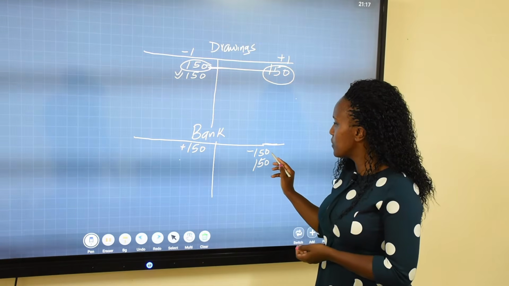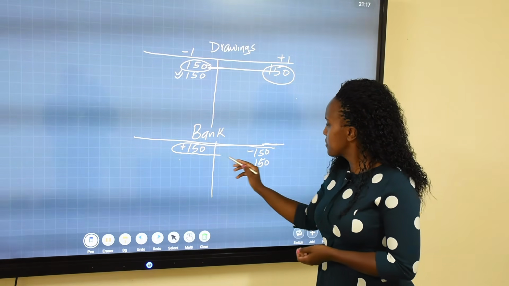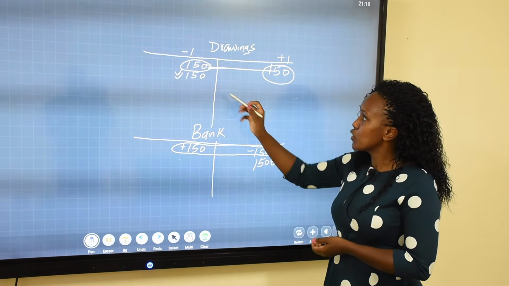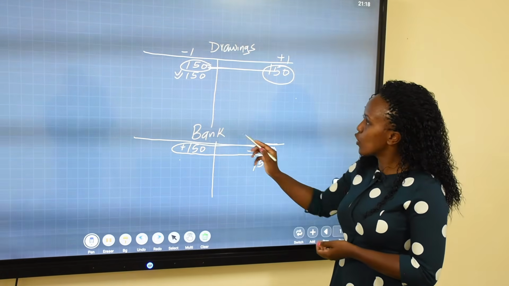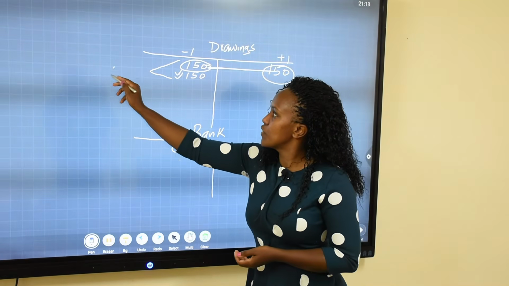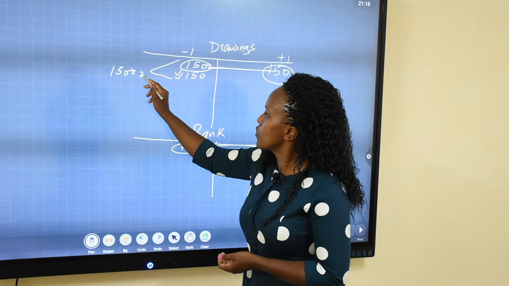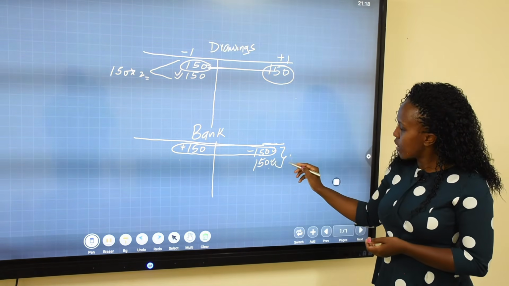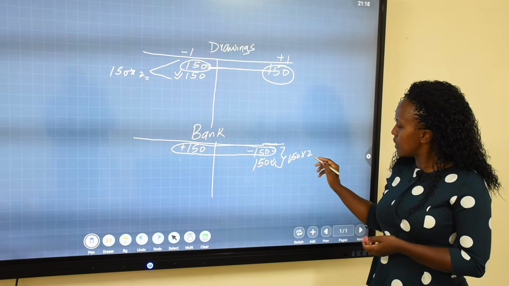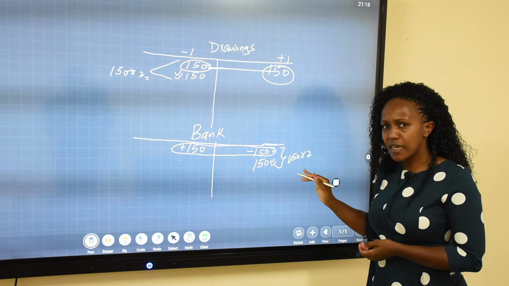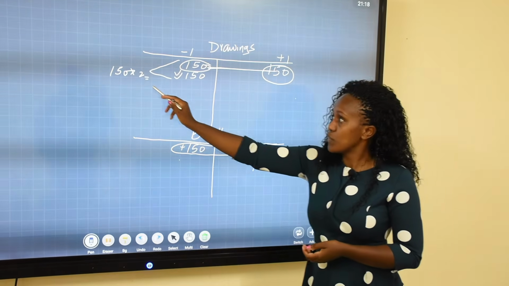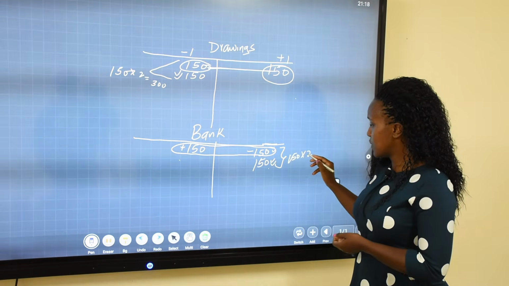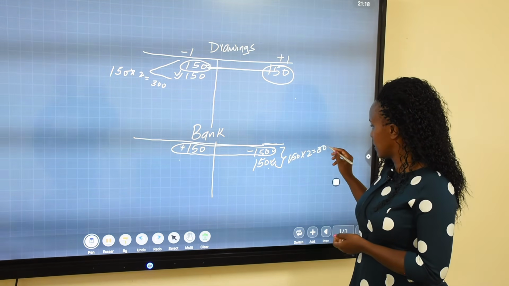Instead of doing 2 times and 2 times, you simply do 150 multiplied by 2. So you pass the entry as 300, and here it is 150 multiplied by 2, giving us 300, and also 150 multiplied by 2, giving us 300.